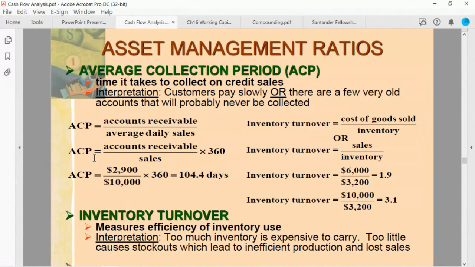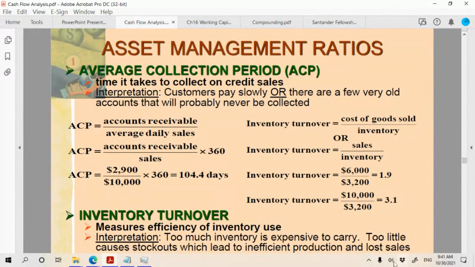But let me continue with inventory turnover ratio, because that's what we left off with in our last class.